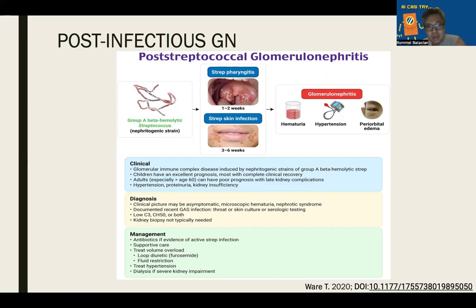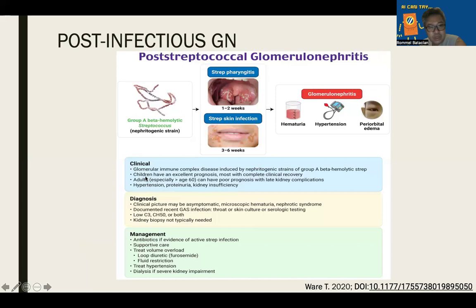So because of the bacteria, there is inflammatory reaction leading to creation of an immune complex. So now that immune complex goes to the glomeruli and would deposit in that area as well.